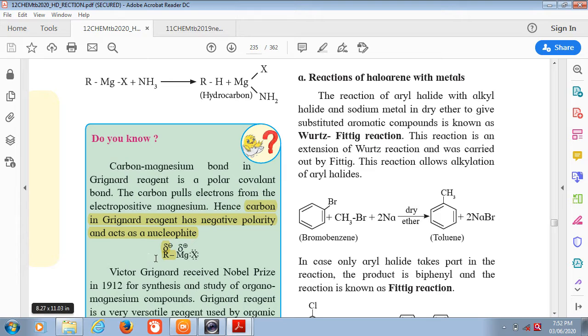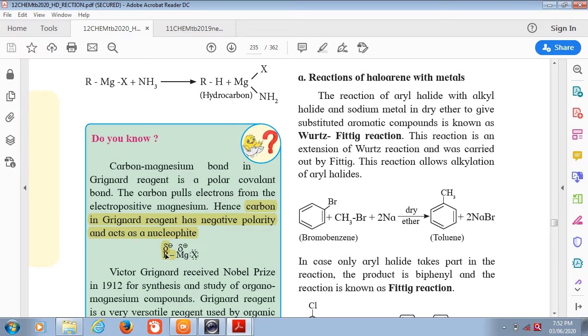If you observe the alkyl magnesium halide RMgX, the carbon in Grignard reagent has negative polarity. If we write the partial charges, R carries delta negative charge because it is more electronegative than Mg, and Mg carries delta positive charge, so it acts as a nucleophile.